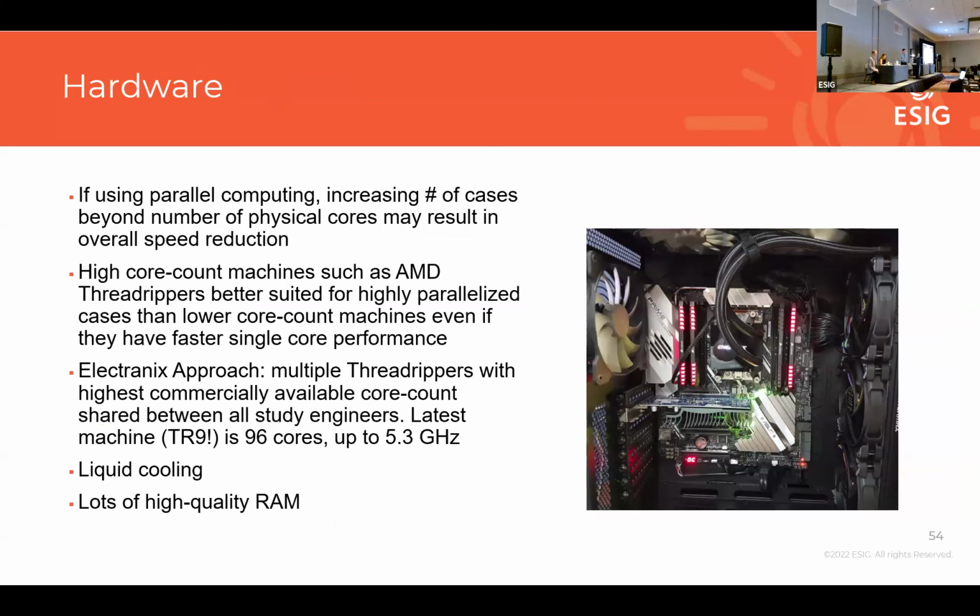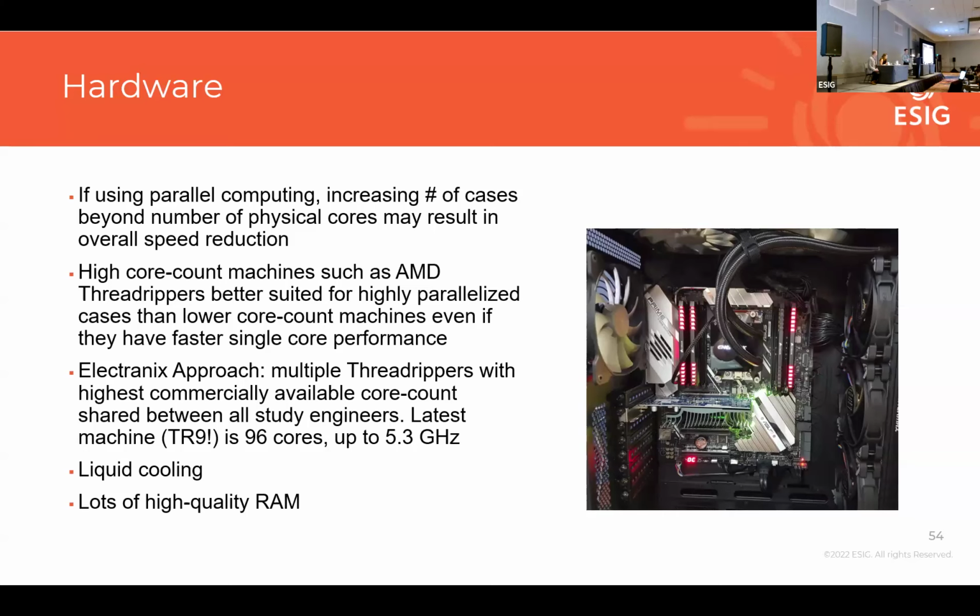All right, so a little bit about hardware, and this is very much from Electranix's perspective. Other folks will have a lot of different opinions on this. But in our shop, we like to use really high core count desktop machines. The server machines, while they do have higher core counts, seem not so optimized for communication between cores, and their clock speed per core is lower a lot of the time.